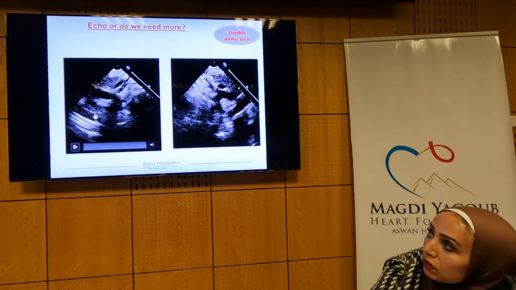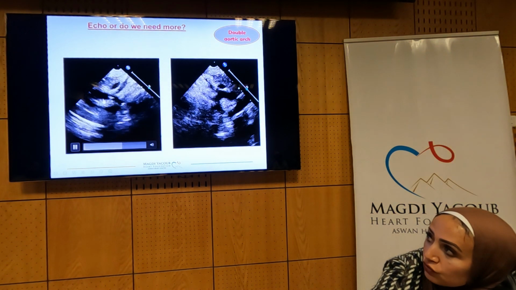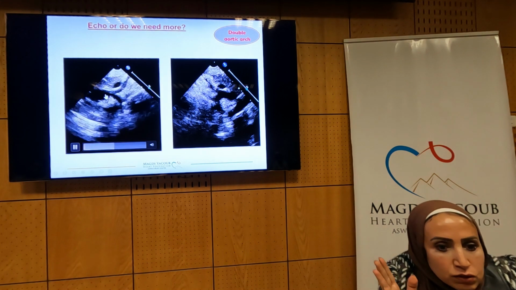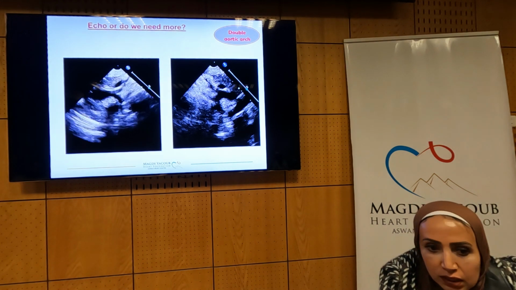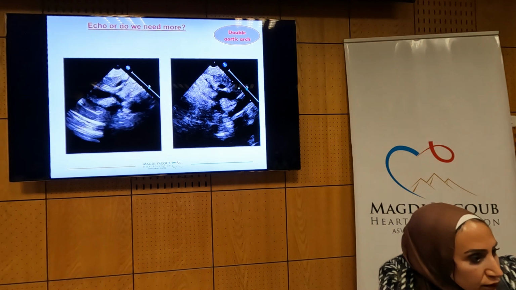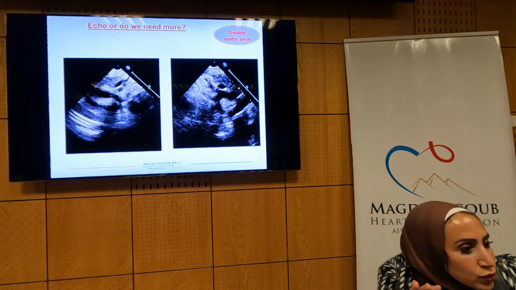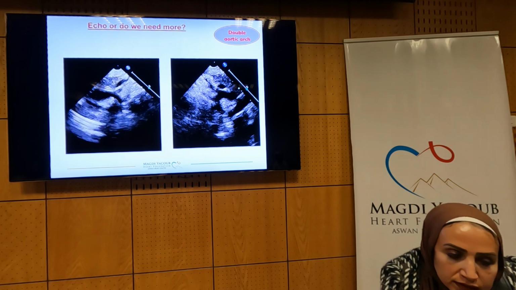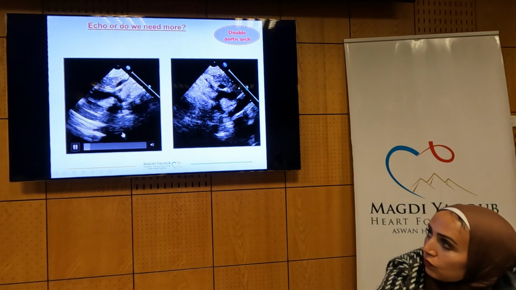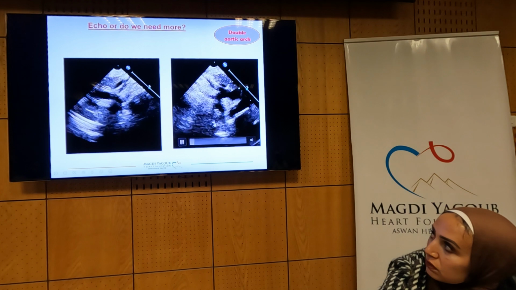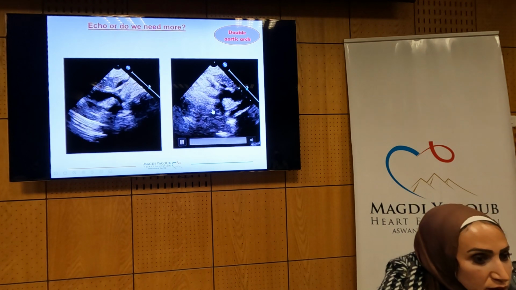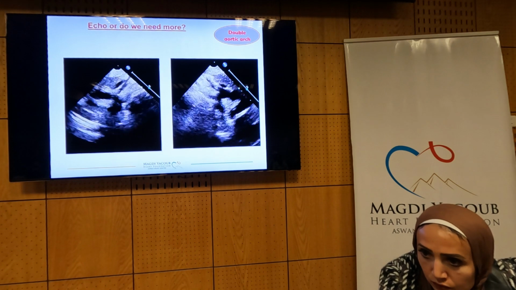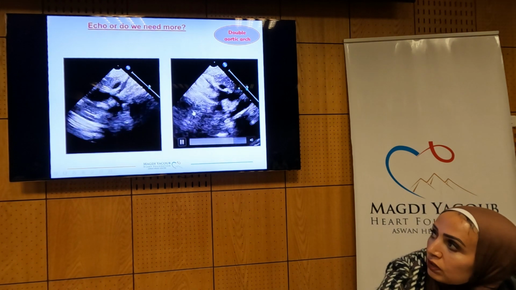How do we image double aortic arch? In the long axis, as we said, the knob will be at 12 o'clock, and you move to the right and to the left. When you move your probe to the right, you will find an arch, and when you move to the left side, you will find an arch.